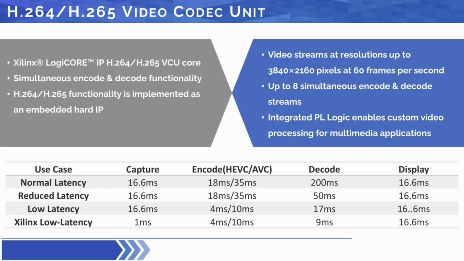Now in today's world, there's a large requirement for high-speed video transmission, be it live sports broadcasting or video conferencing. There is a huge requirement for video transfer in real time.